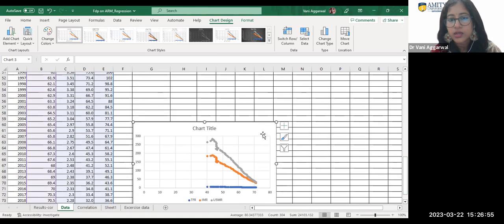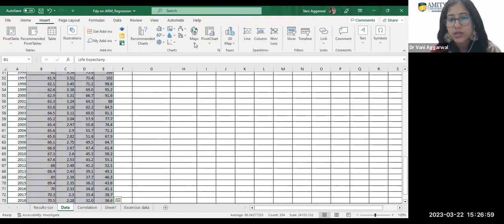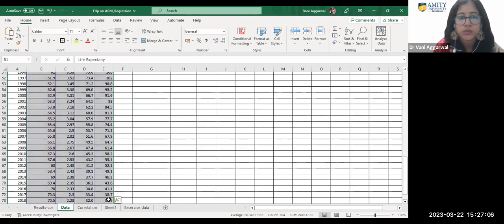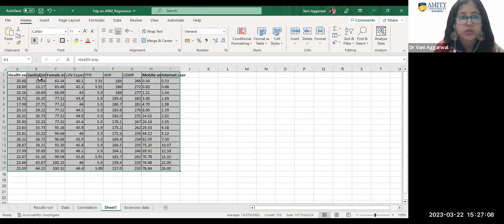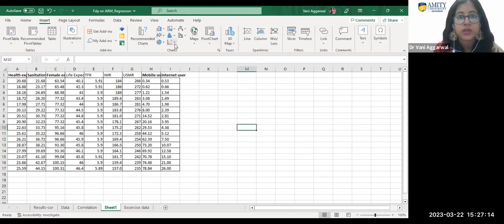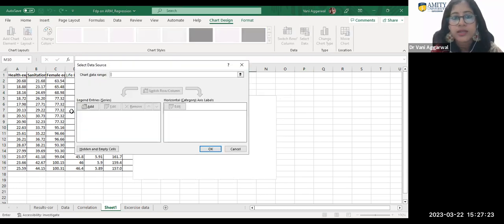This is one way. Otherwise, there is one more way to create a scatter plot. You just select the first one, blank scatter plot. For example, I'll do it for this. You do not select any data, just go there and select it. Then click on this, go to Select Data, and under Select Data you click on Add.